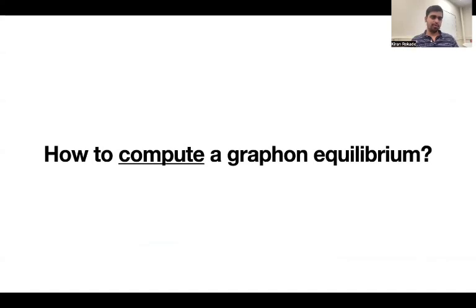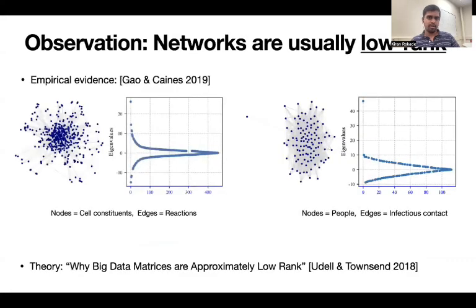So now that we know what Graphon games are and how Graphon games are related to network games, the last question that we are interested in is how to compute a Graphon equilibrium. To answer this question, we first make an observation about networks in general.